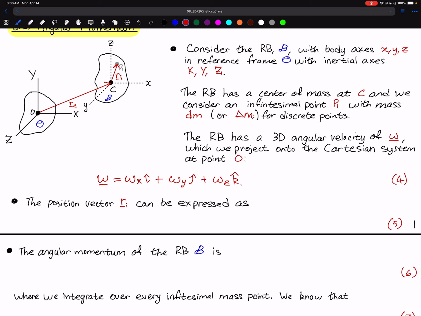At point i, there is some velocity, which we'll call V sub i. And the rigid body has some angular velocity, omega, which we just projected onto our inertial frame, or our inertial axes.